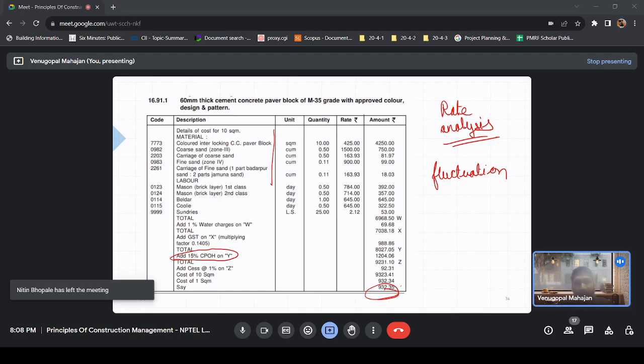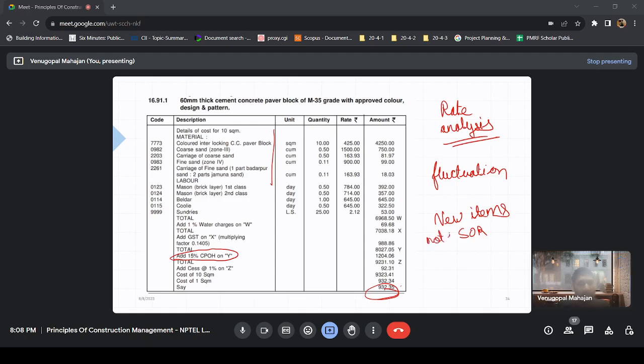So one important function of having rate analysis is that for new items that don't yet find their place in SOR, new items not in SOR, from the existing rate analysis, you can calculate the rate of new items that will be acceptable to everybody.